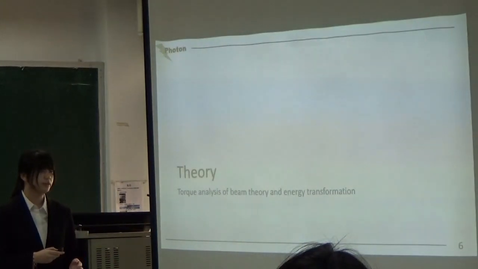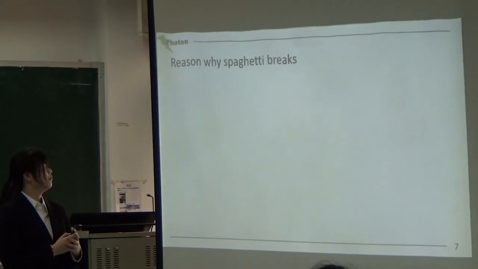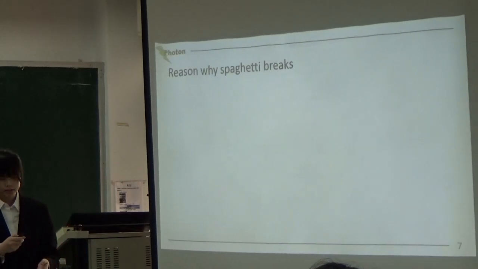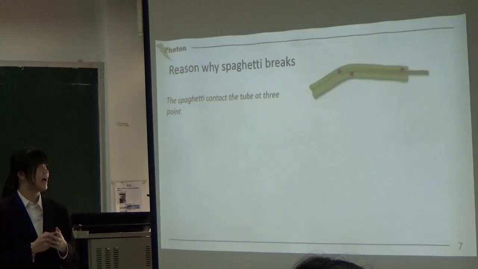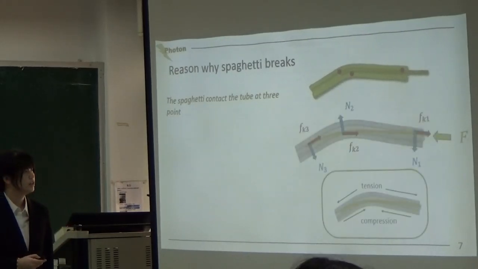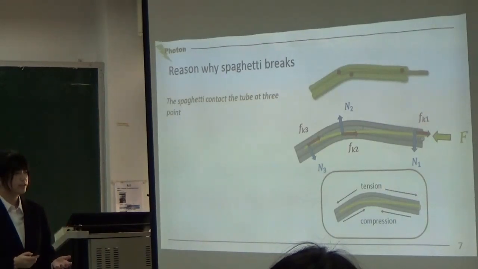Here is the theory. First, we talk about the reason why the spaghetti breaks. The spaghetti will contact the tube at three points, and the three points have normal force and friction.